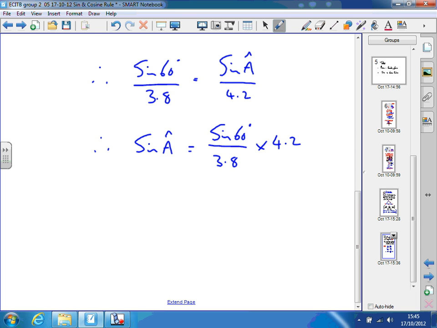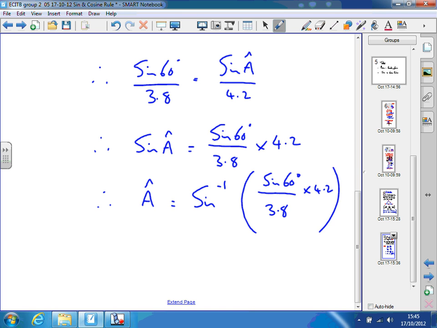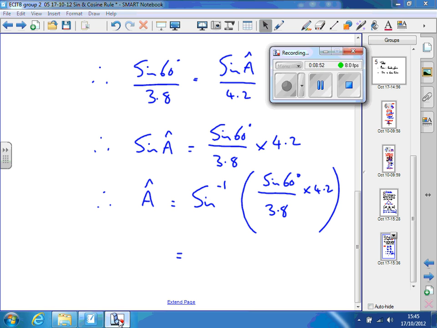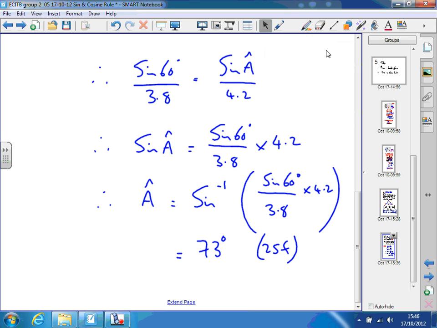So if the sine of A is that, then A is the inverse sine, like the inverse tan. The angle whose sine is sine 60 over 3.8 times 4.2. Now I can put that into the calculator in one hit and get the angle A, to get 73 degrees. Angle A is 73 degrees.